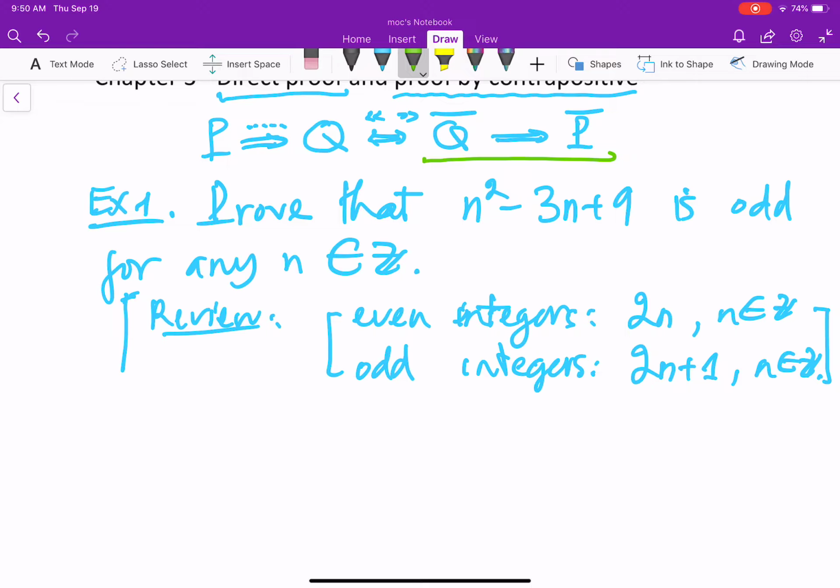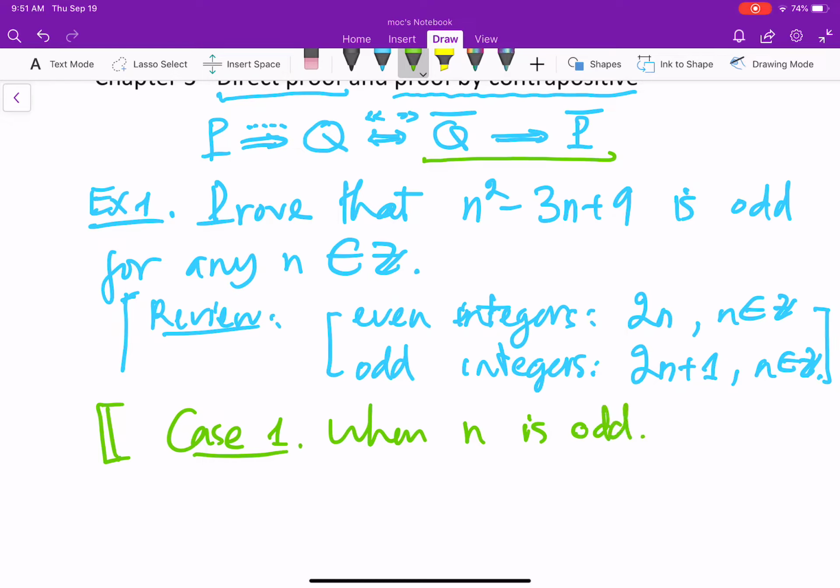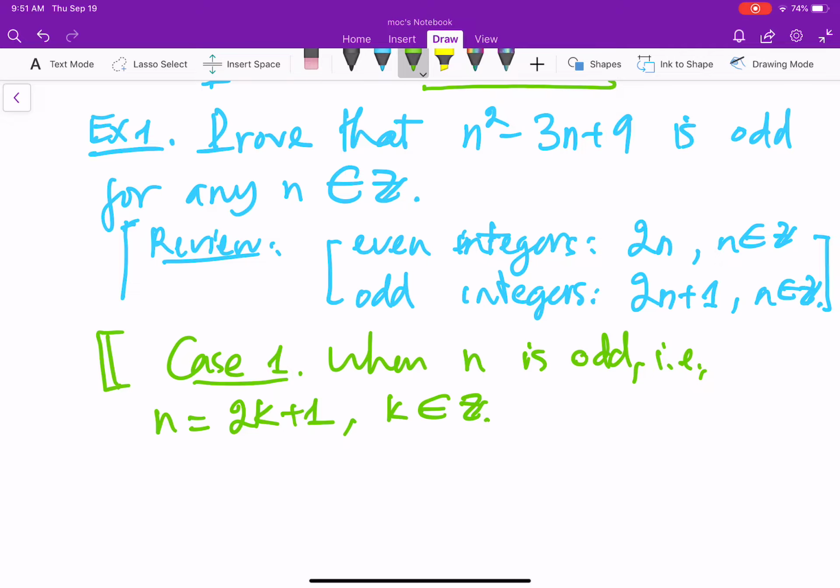The first case, let me write the proof here. The first case, when n is odd, that means n is equal to 2k plus 1 for some k in Z. Then in this situation we will rewrite n squared minus 3n plus 9.